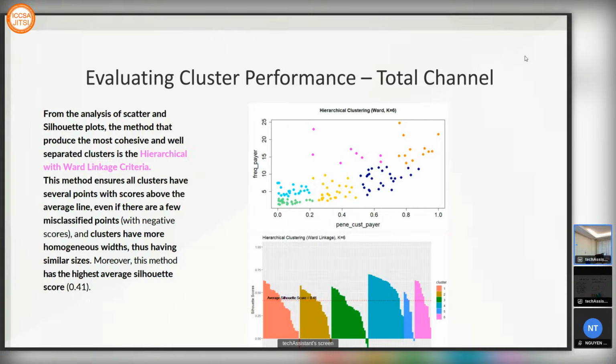And in the silhouette plot, we can see that this method ensures all clusters have several points with scores above the average line, and they have more homogeneous widths, meaning they have similar sizes. Moreover, this is the method that has the highest average silhouette score.